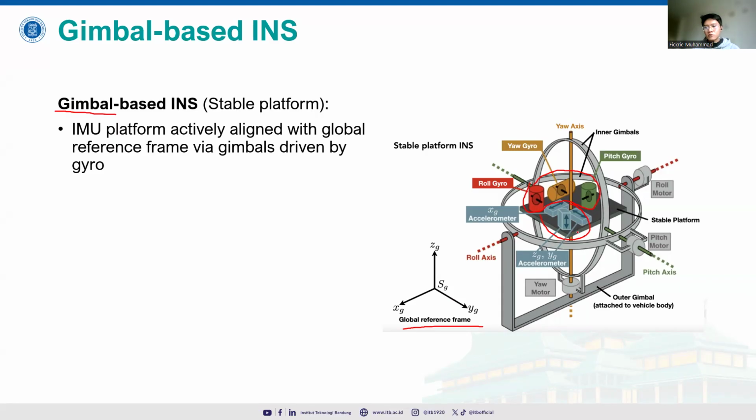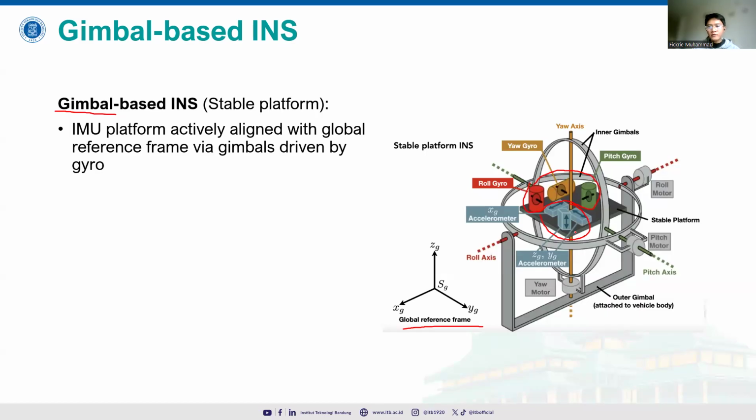So it doesn't try to detect the movement of the body itself, because the movement of the body is already compensated by the gimbal, so we don't have to compute the other angles or motion estimations based on the body motions, which reduces the computation time later on.